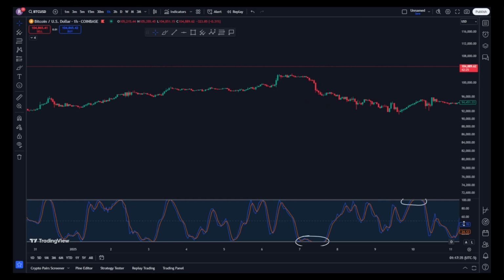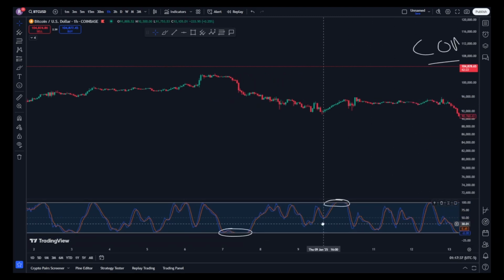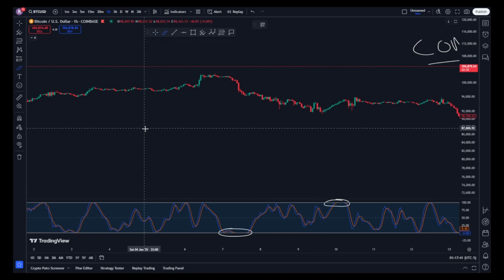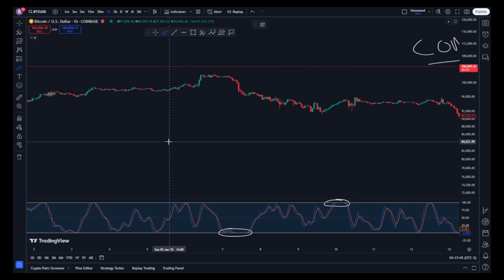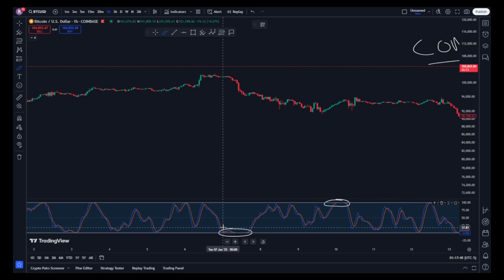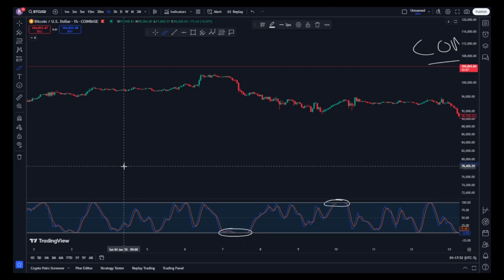And this can happen often, especially on the lower time frames. And these are the biggest indicators of market dynamics, right? When you see the momentum has bottomed out and is staying below, that means there's no momentum picking up. That's a pretty bearish sign.